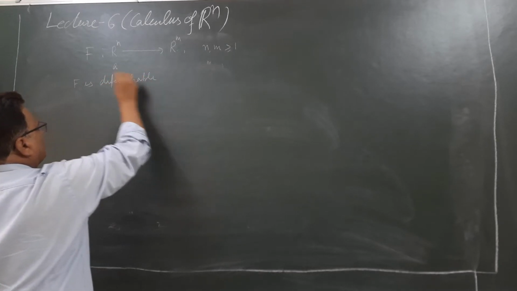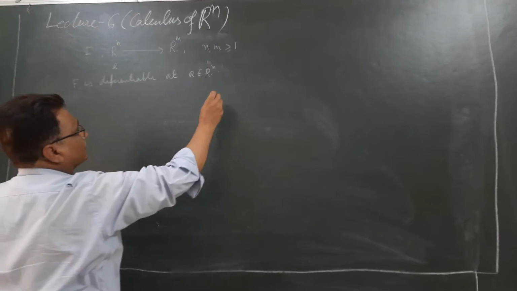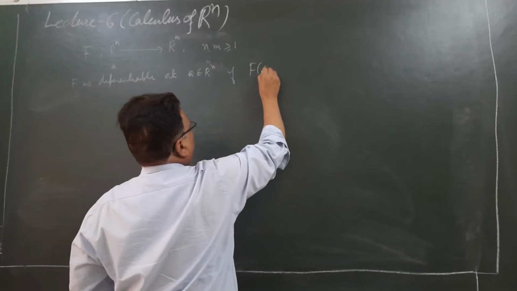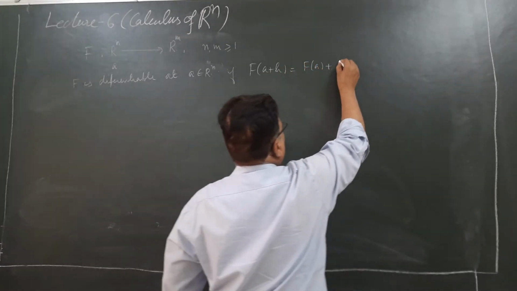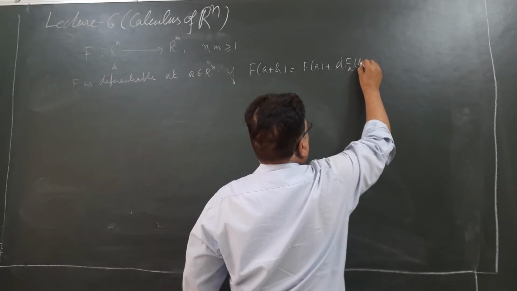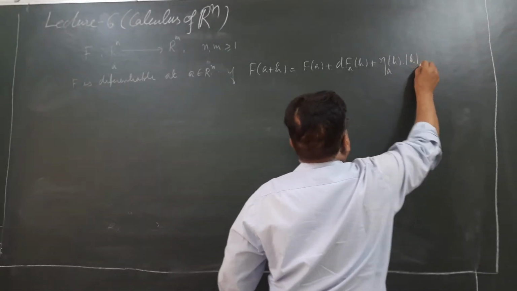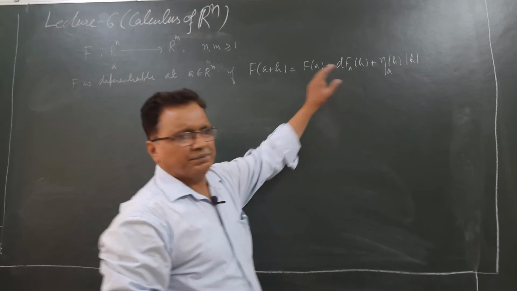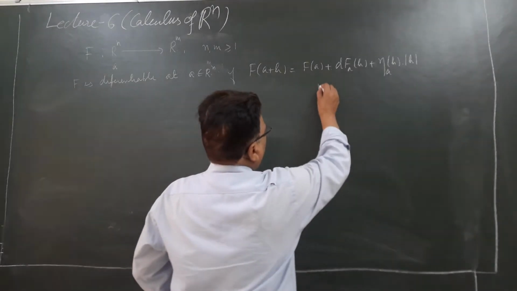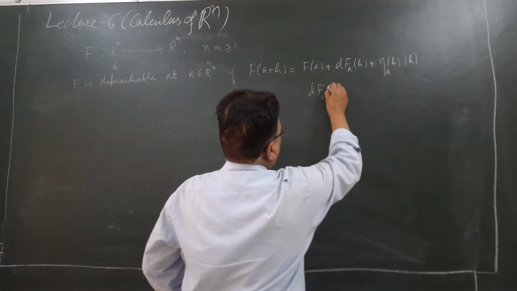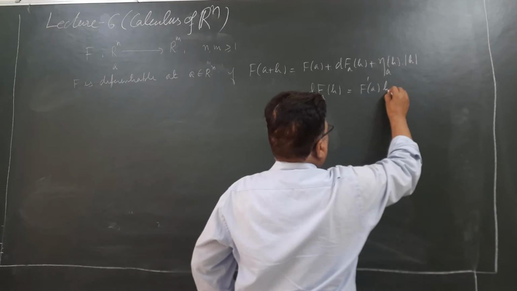F is differentiable at A in Rn if f(A+h) is equal to f(A) plus df_A(h) plus some continuous function eta(A,h) times modulus of h. df_A(h) denotes the linear function which is called the differential of f at A, and it is defined as, we should keep the definition of df_A also in mind, f'(A) times h.